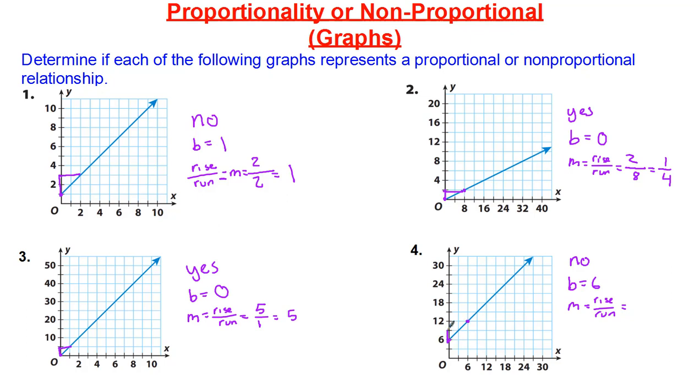It's from 6 to 12, so the difference is 6. And then I go across, going from 0 to 6, so the difference once again is 6. So this is going to be equal to 1. Alright, so that's basically it for the first part, proportional versus non-proportional, and how to find the y-intercept as well as the slope.